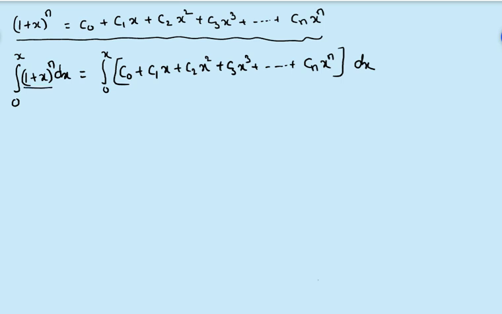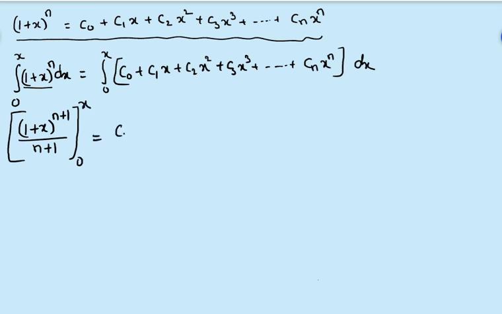What about its integration? 1 plus x whole to the power of n plus 1 divided by n plus 1, that is the integration. Limits are from 0 to x.